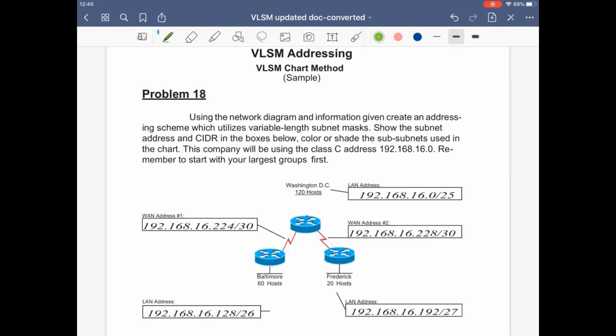Subnet mask will be 24 plus 2, /26. Network 3 starts from 192, that is 20 hosts. 2 to the power 5 is more than 20, n equals 5, first 3 bits are 1, 5 bits are 0.